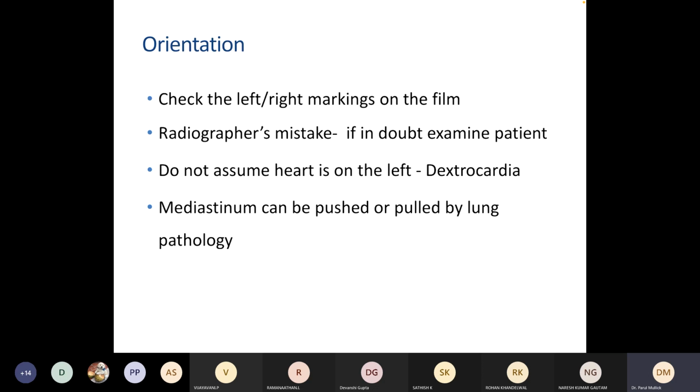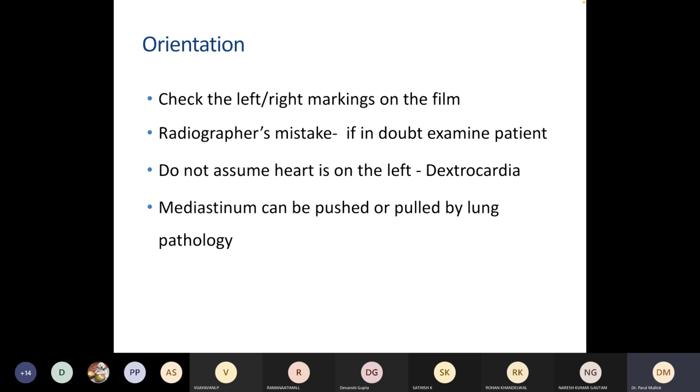Now, when you are holding an X-ray, you need to hold it correctly, right? So how do you know what is the right and what is the left side of the patient? We have markings on the film which tell us this is left, this is right. But the radiographer might have put these markings incorrectly. So whenever there is doubt, you need to check your patient.